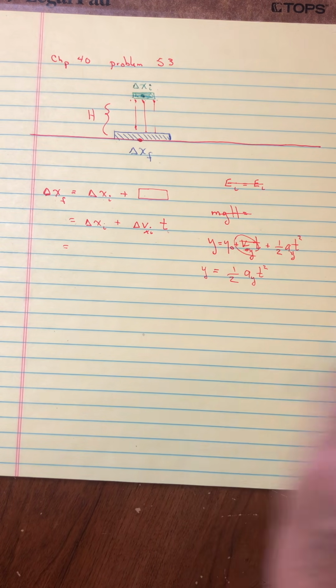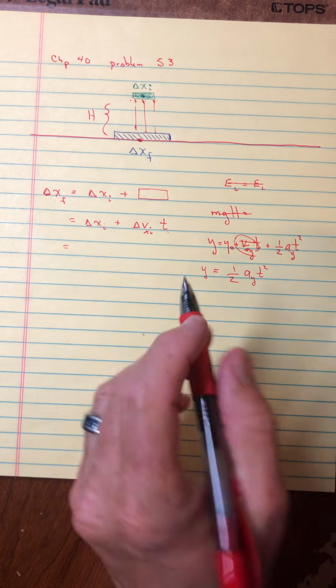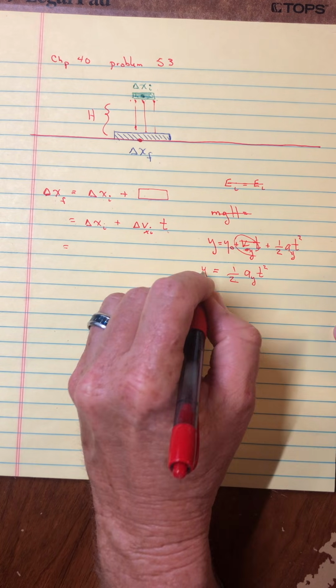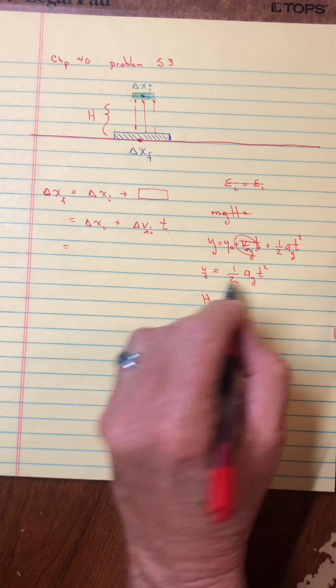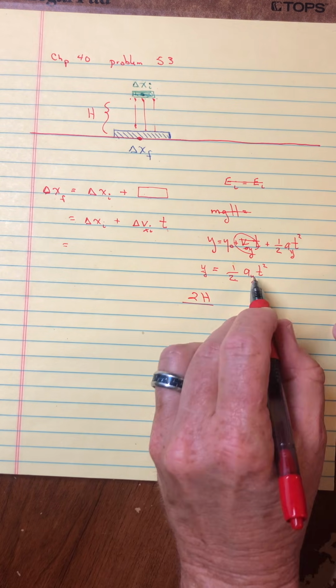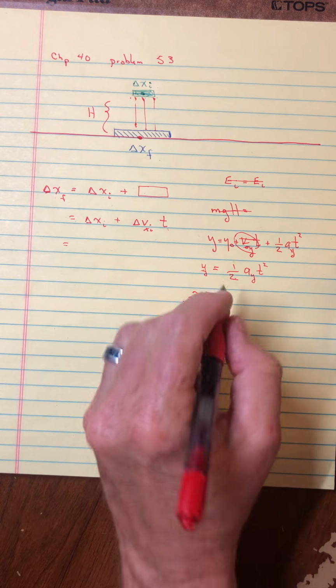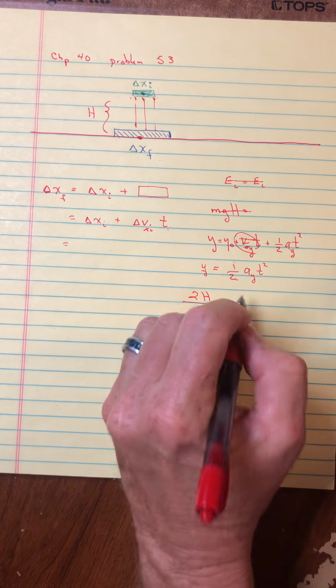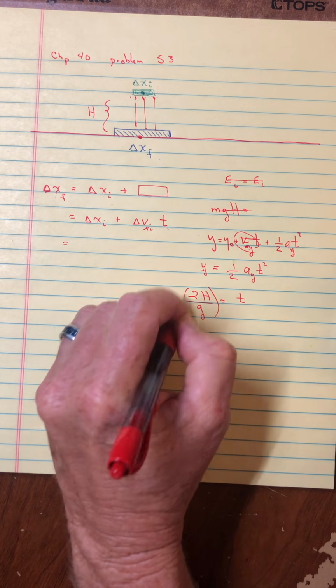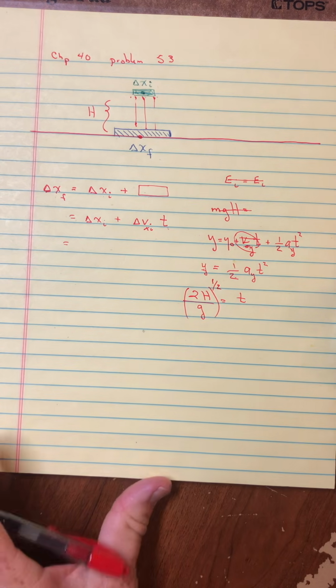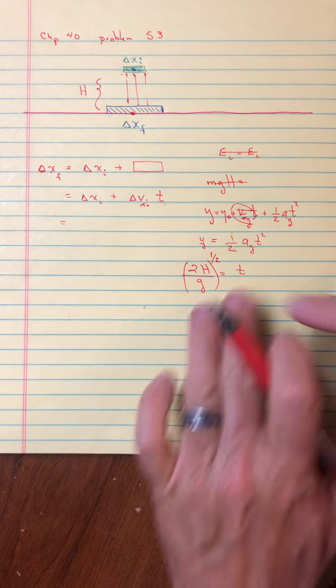I can ignore the starting speed and say then that the vertical height is h, bring the 2 over to here, divide by the acceleration, which is g, since we're dropping it, then taking the square root of it, I can roughly argue here that this is the time.